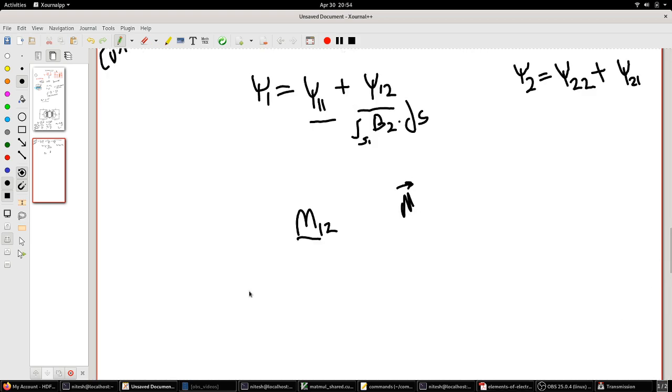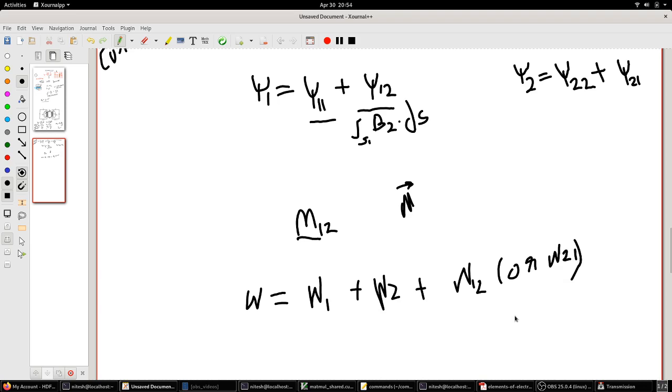Total magnetic energy in the circuit is given as W equal to W1 plus W2 plus W12 or W21, any one you can take. Total magnetic energy through the circuit which we have seen just now.